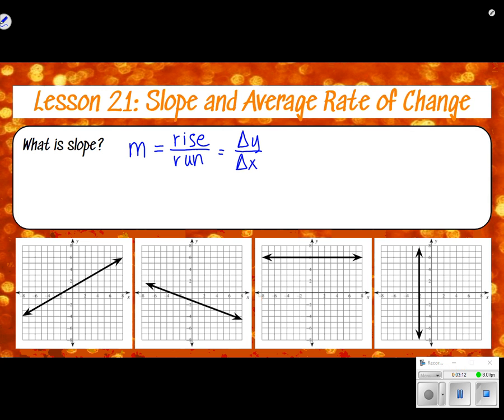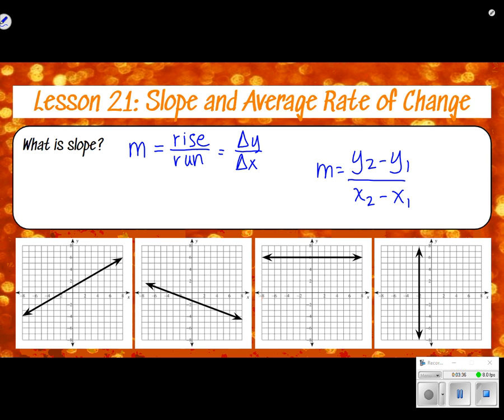The little triangles mean change. They're little deltas, Greek deltas. But how much are we changing in the y direction over how much are we changing in the x direction? There is a formula for this. If you have 2 points, y2 minus y1 over x2 minus x1, that is how you calculate slope given points.